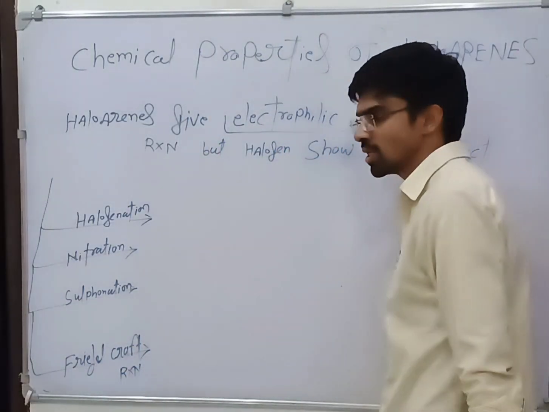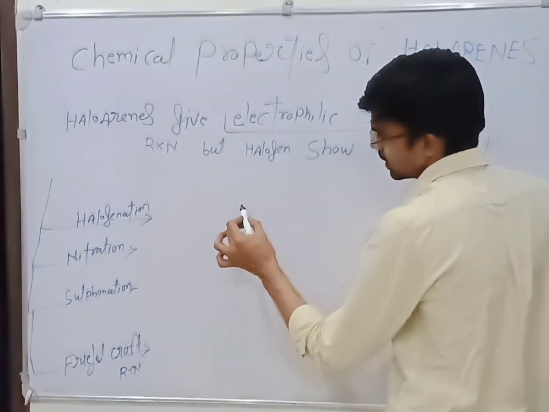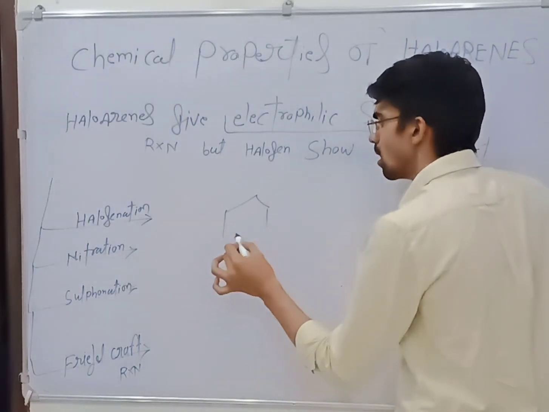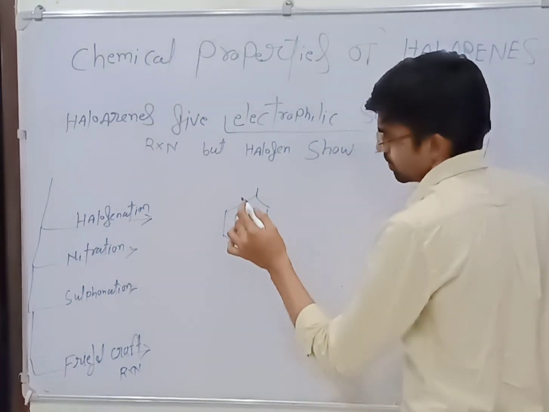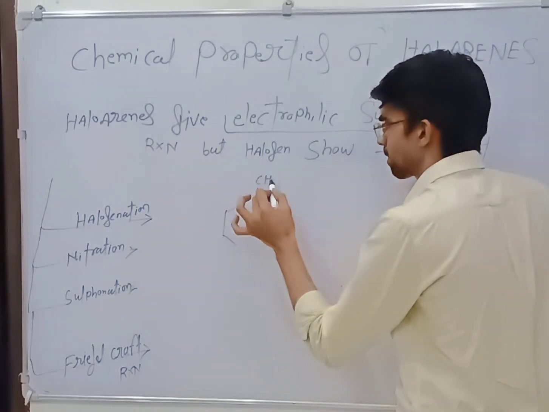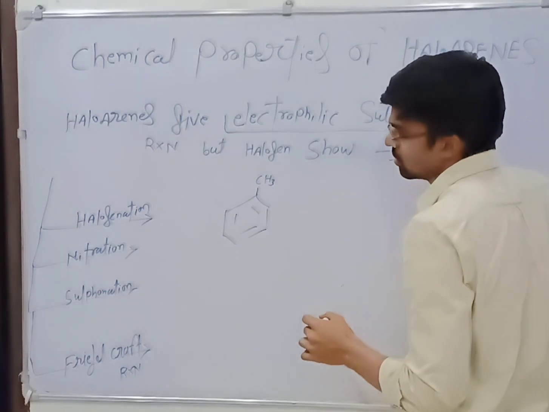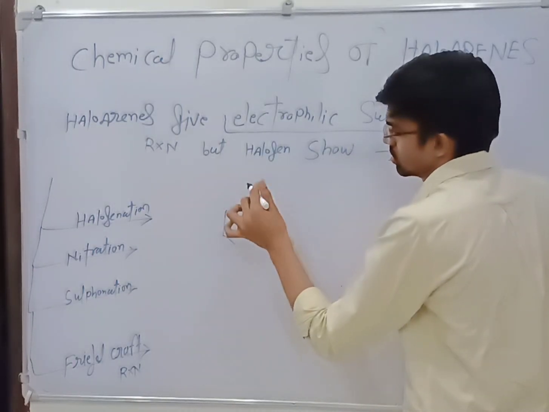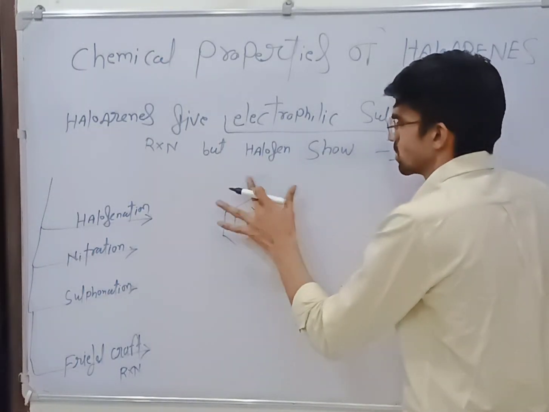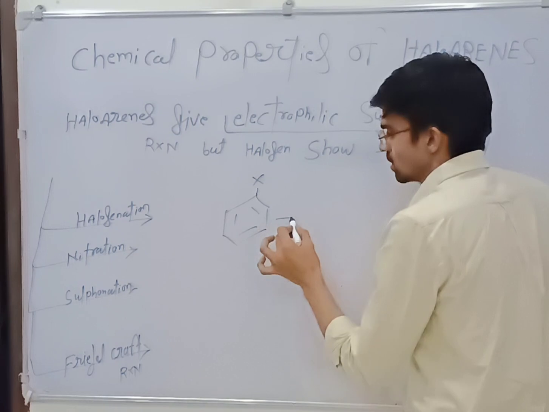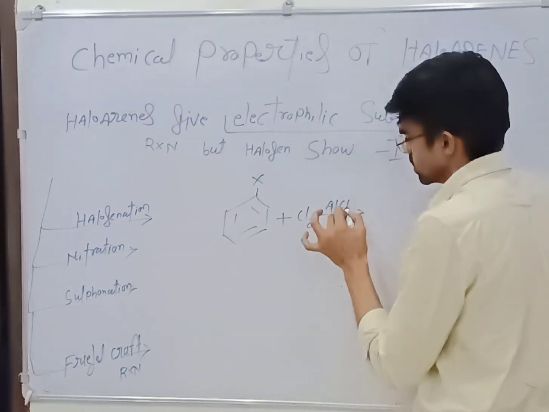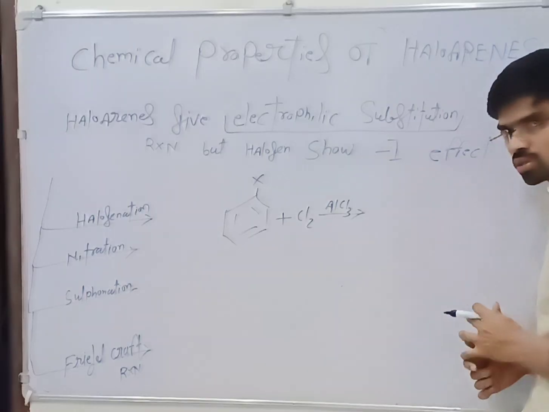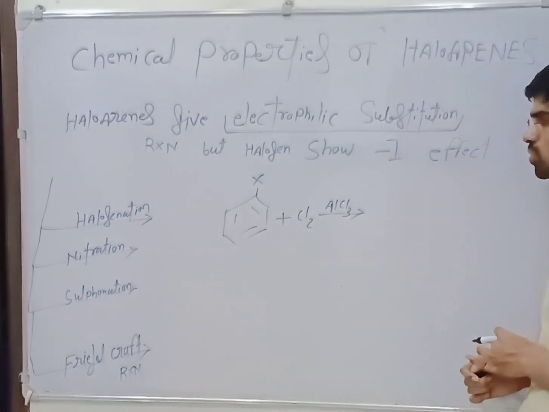In halogenation reaction, haloarene is reacted with halogen X, like chlorine in the presence of AlCl3, and it gives ortho and para directing products.